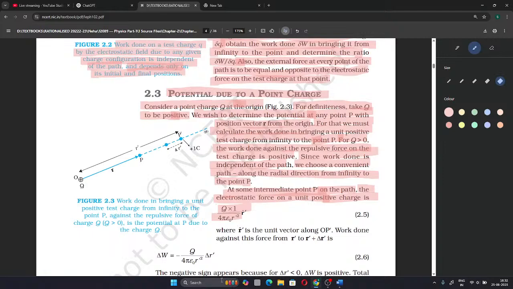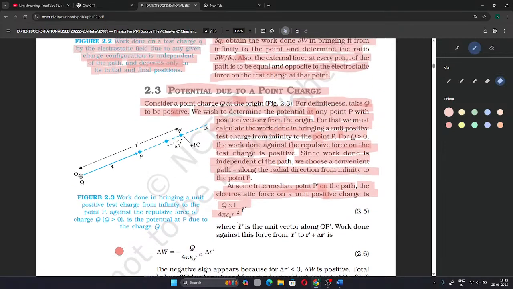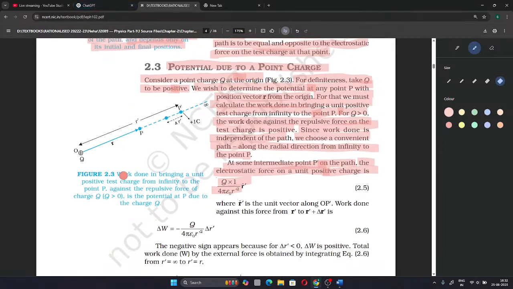Let's see the diagram first. Figure 2.3: work done in bringing a unit positive test charge from infinity to point P against the repulsive forces of charge Q, where Q is greater than 0.